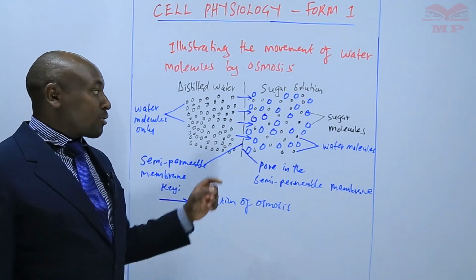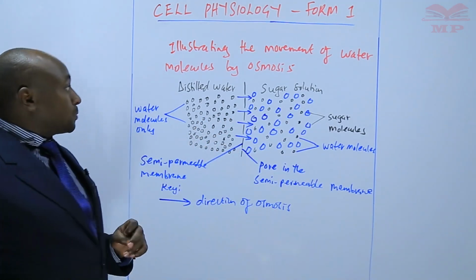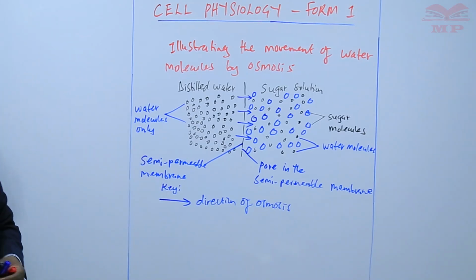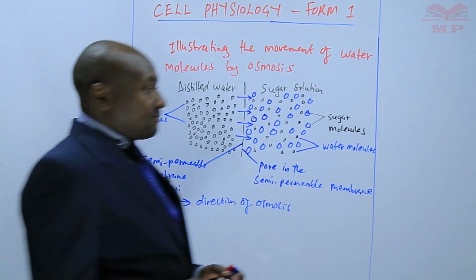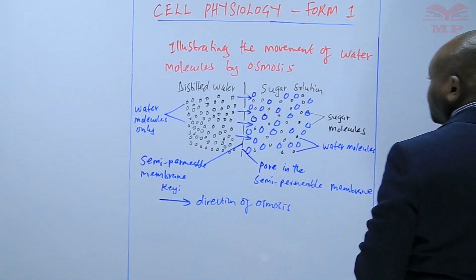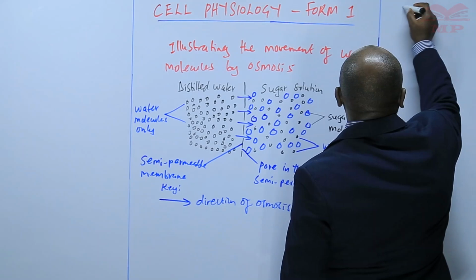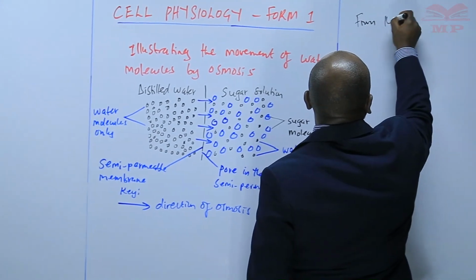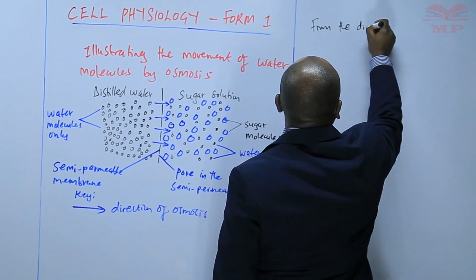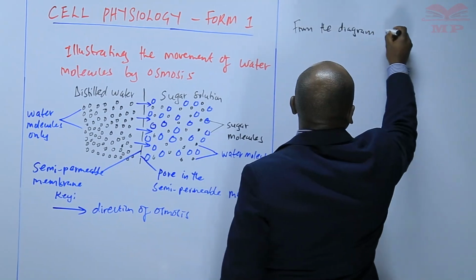The sugar molecules are of large size compared to the water molecules. Now, so from that, we can still come up with another definition of osmosis from the diagram above.